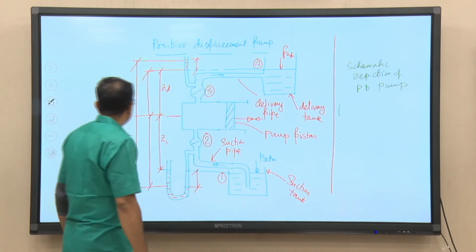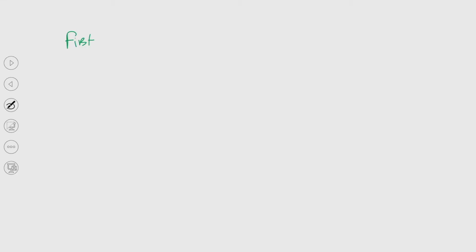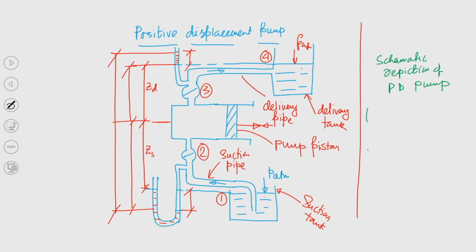So, now the first method is the total energy balance. What we can do?